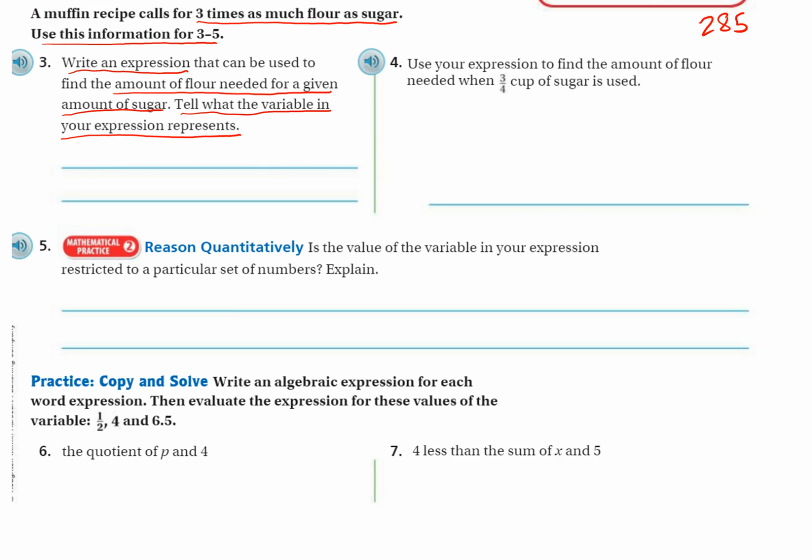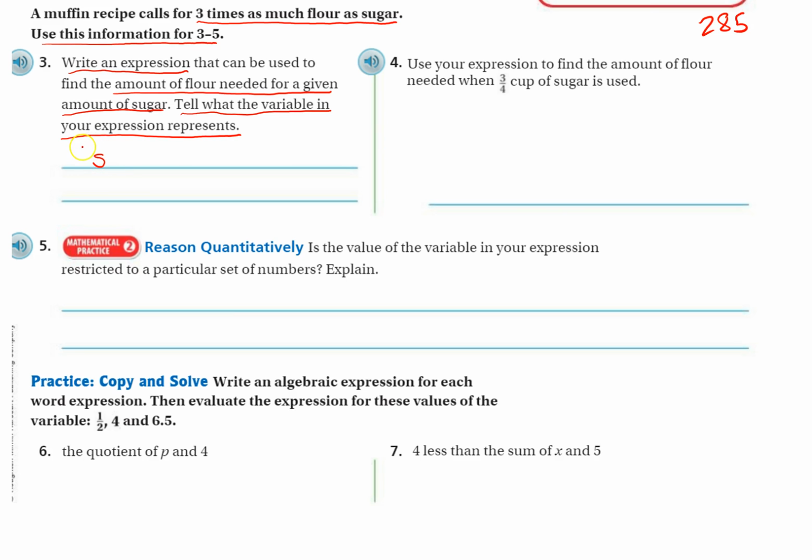Okay. So a muffin recipe calls for 3 times as much flour as sugar. So I want to take however much sugar I have. So I'm going to use S for sugar.